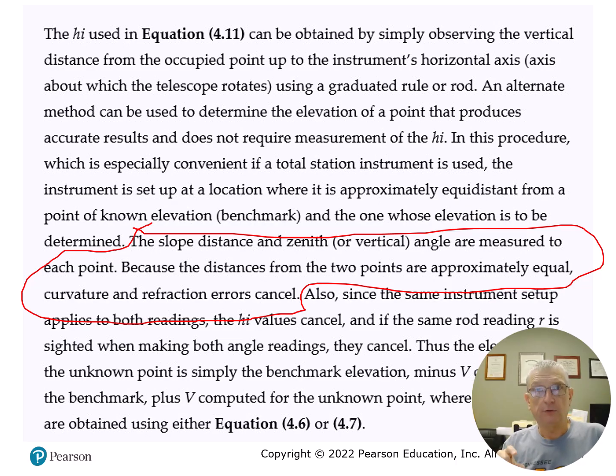You may get a vertical difference from just a direct reading to then reversing and plunging the scope and getting a reverse reading. You might get 800ths difference. Well, just take the average, because whatever error is going forward is also going backwards. It's just offsetting, or it's adding, so you compensate it by dividing it in half, and you probably get a pretty good vertical difference by trigonometric leveling.